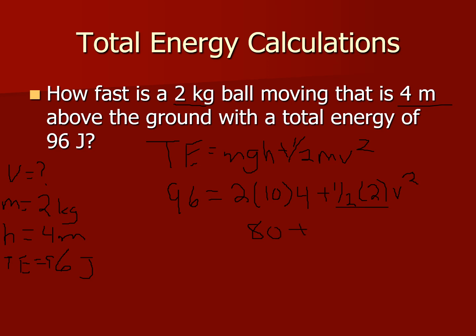Half of 2 is 1, so that just goes away, 1 in front, v squared equals 96. Minus 80 from both sides. 16 equals v squared. Because technically I have to divide by 1, but that doesn't really change anything. So the square root gives v equal to 4.